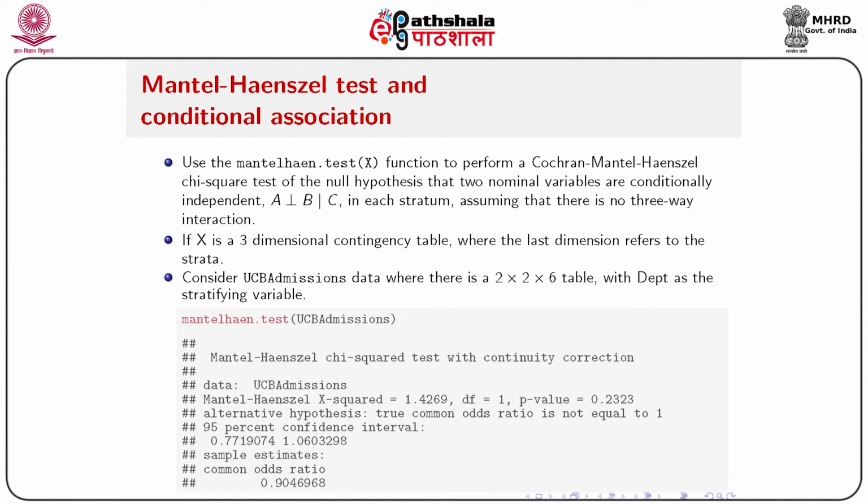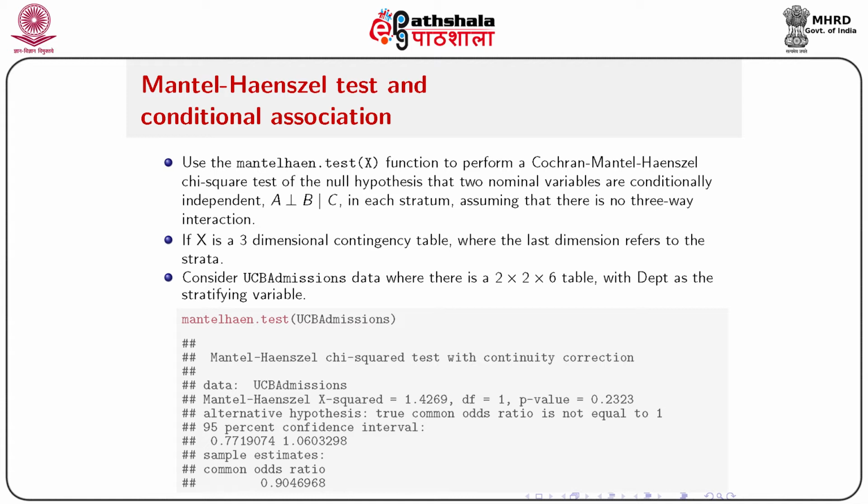The Mantel-Haenszel test and the conditional association in R. Use the mantelhaen.test function to perform a Cochran-Mantel-Haenszel chi-square test of the null hypothesis that the two nominal variables are conditionally independent, A independent of B given C, in each stratum, assuming that there is no three-way interaction.